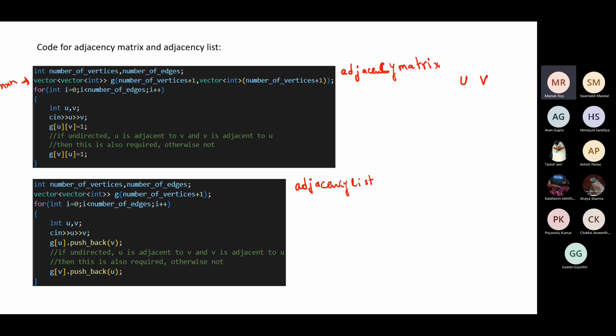If it's a directed graph, you will just make G[U][V] equals 1, because if you're given U comma V, it usually means U goes to V. But if it is undirected, V is also adjacent to U because it's a two-way road, right? So in that case, you will also have to make G[V][U] equals 1. In problems, usually they will only give you U comma V, and if it's undirected, they will not additionally give V comma U also.